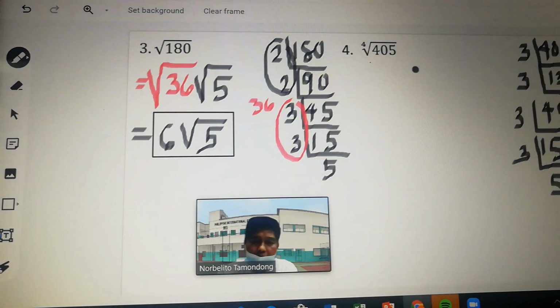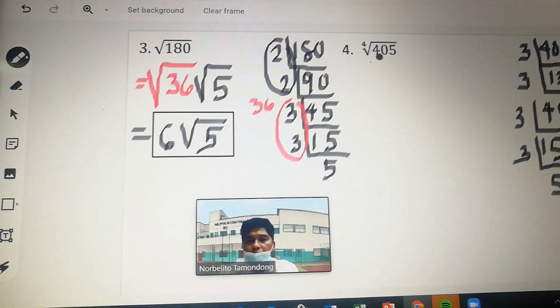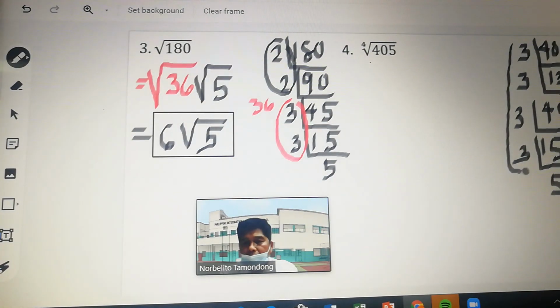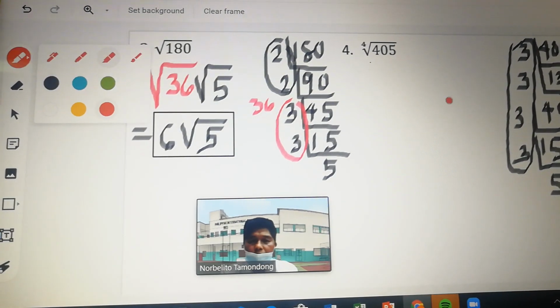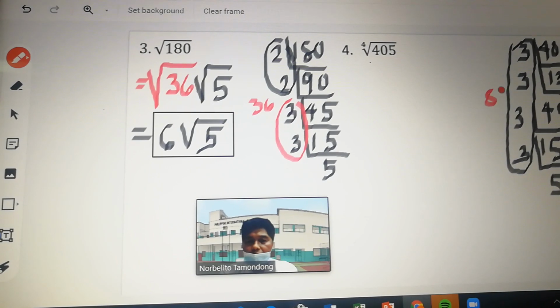Since the index is 4, then you just encircle this 4 here, 4 threes. So this is a perfect fourth root. If you multiply this 3 times 3 times 3 times 3, that is equal to 81.